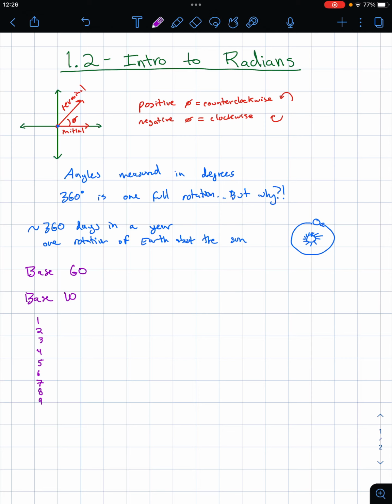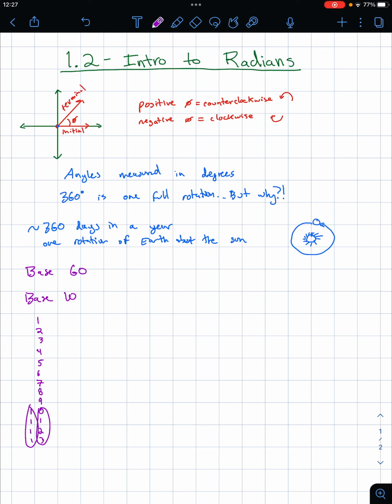We could keep making symbols, but instead we say, when we get to 10, we just bump it to the next column. So then we go 0 in our ones, and we add a 1 to the next column. And then you can keep counting, 11, 12, right? And so now we fill this next column, the tens column, and keep counting in the ones column.